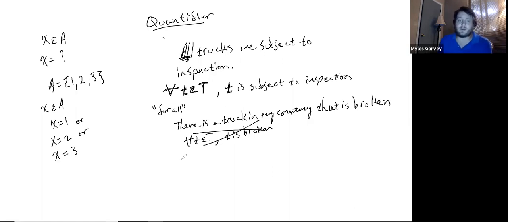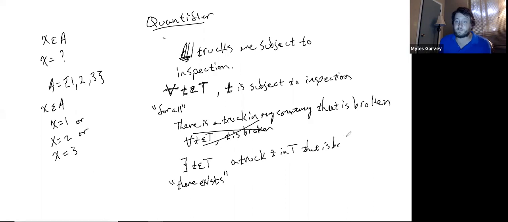And the way that we can write this is with a backwards E. So when you see this in notation, this is just saying there exists a truck t, which is in my collection of trucks, that is broken.